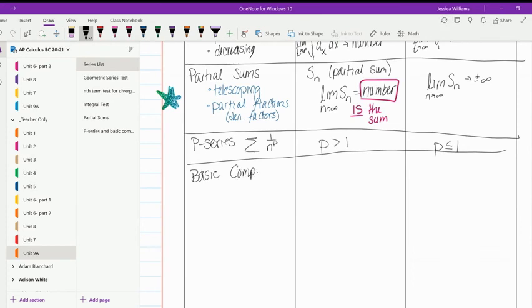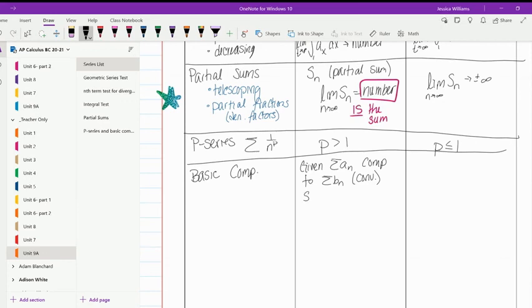Basic comparison is not as quick to write. So for basic comparison test, if we are given a series and we compare to a different one, and we can prove that that one converges either by p-series or a quick geometric or something. It doesn't have to be p-series.